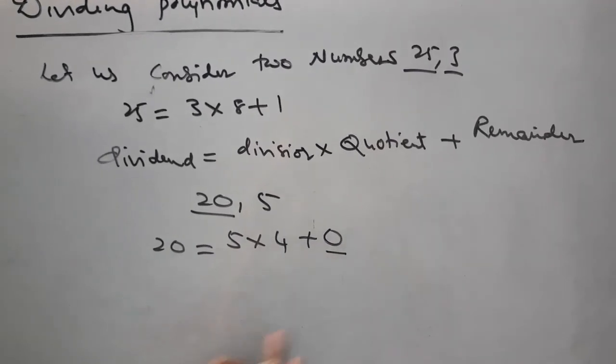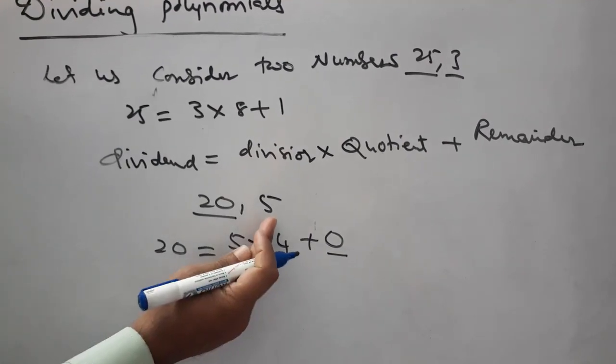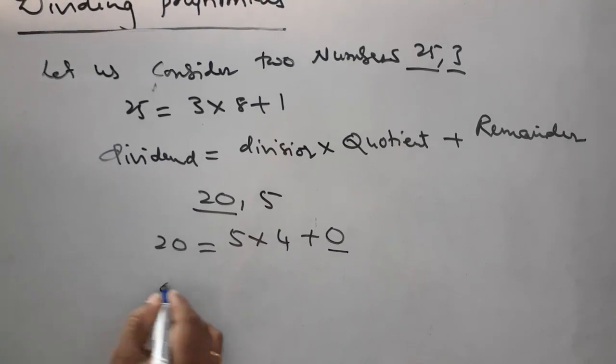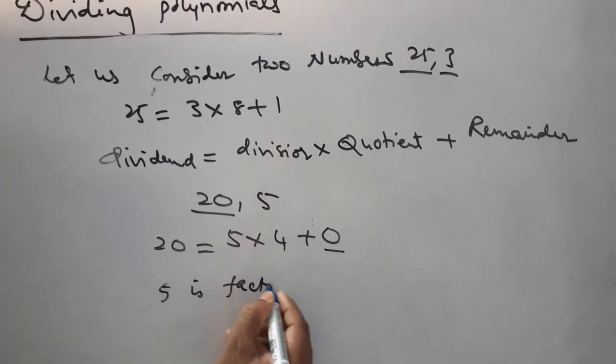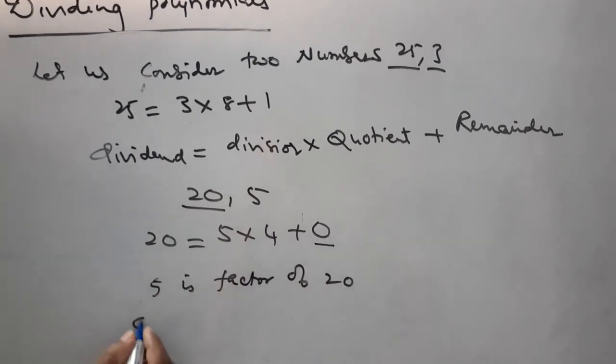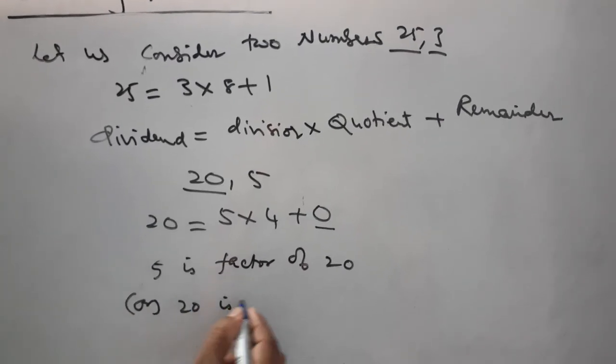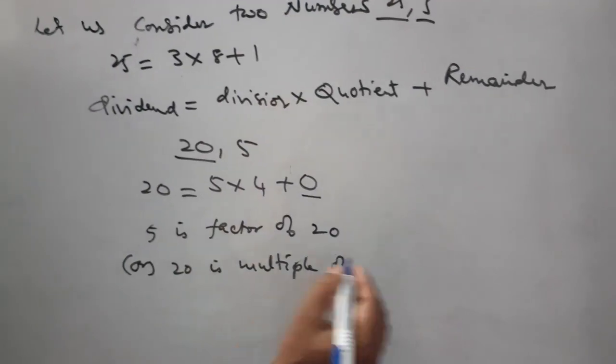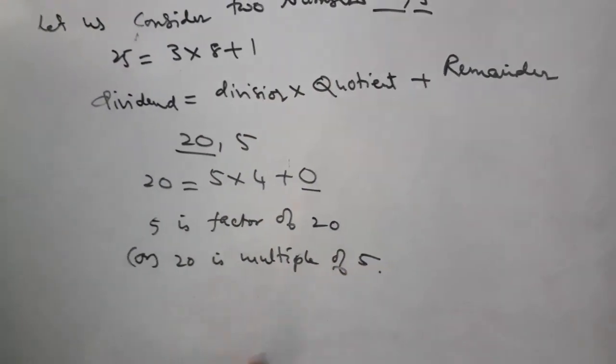If the remainder is 0, then 5 is called a factor of 20, or we can say that 20 is a multiple of 5.